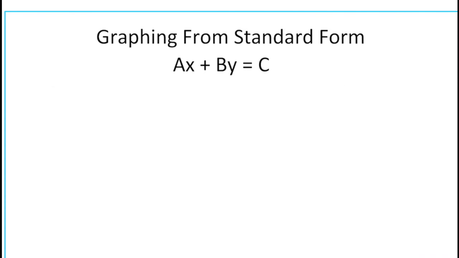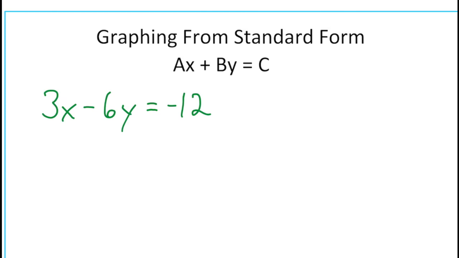So let's start with an equation here. 3x minus 6y equals negative 12. All right, so that is standard form, and we're going to use standard form to graph it. So the key to graphing from standard form is you're going to use x and y intercepts.